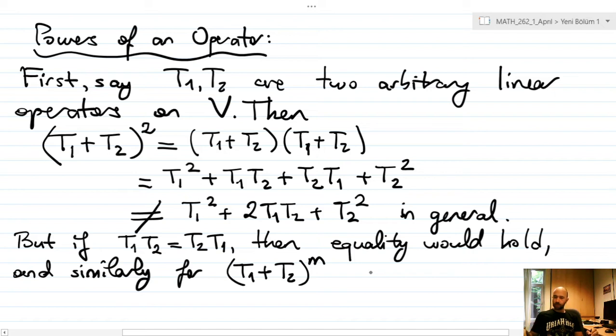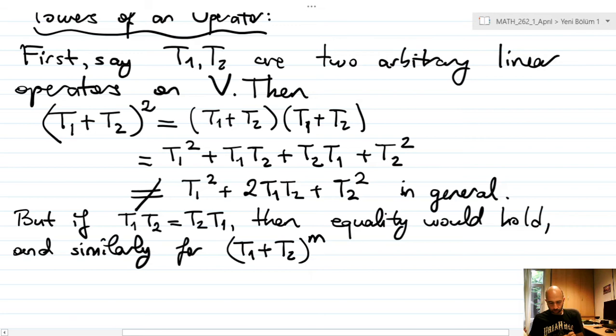Okay. Now, in our case, let's come back to our case. We have the Jordan-Chevalley decomposition, and the S and N in this decomposition do commute, and we want to take advantage of that.